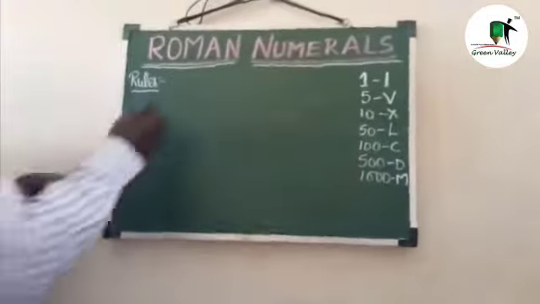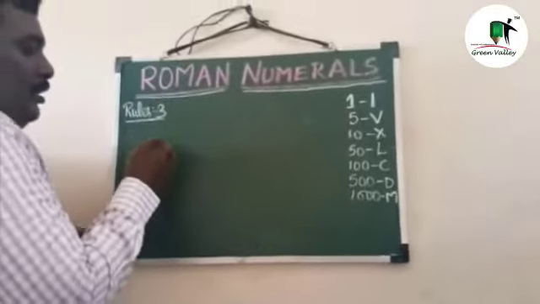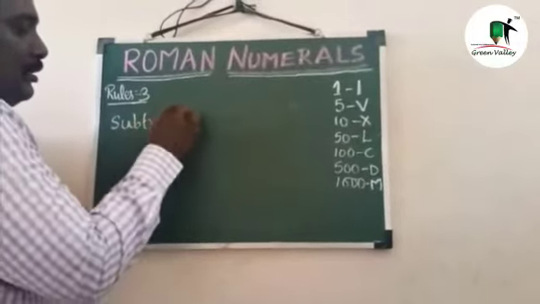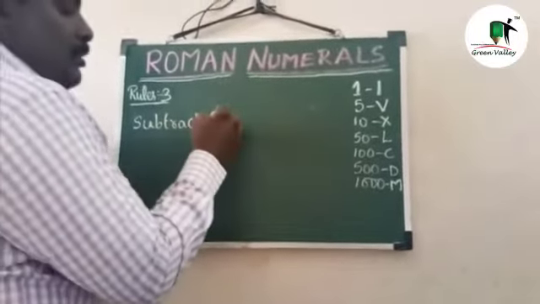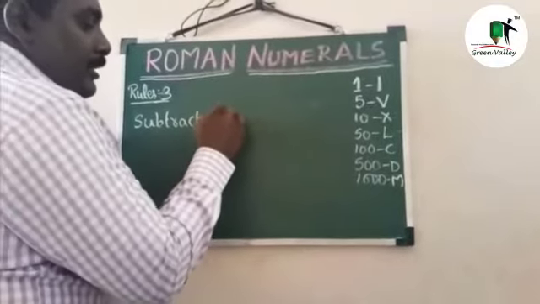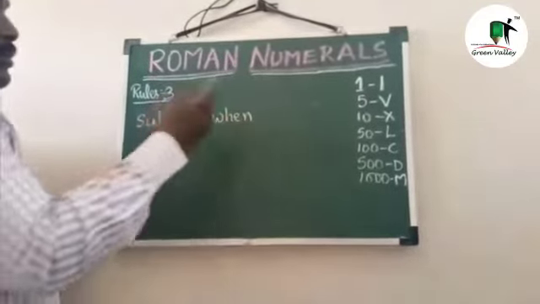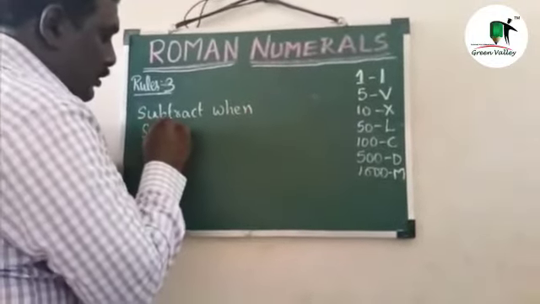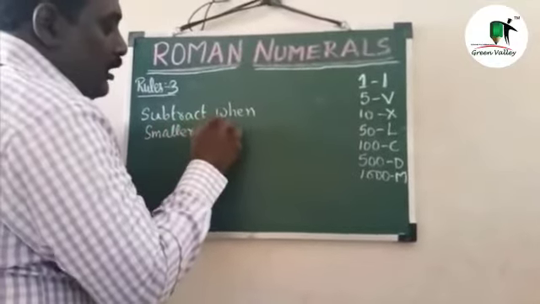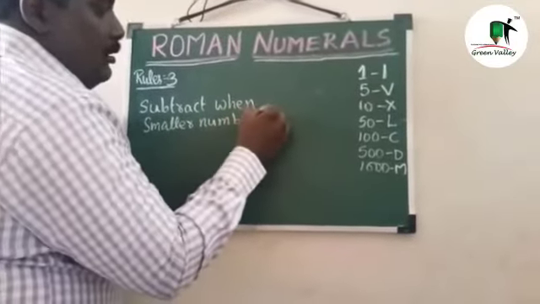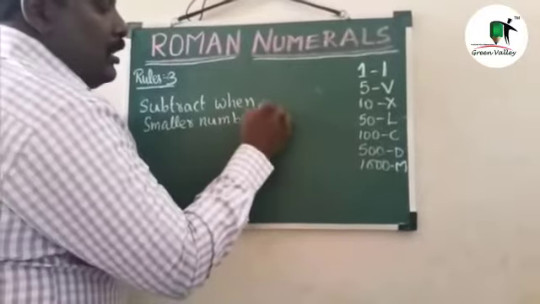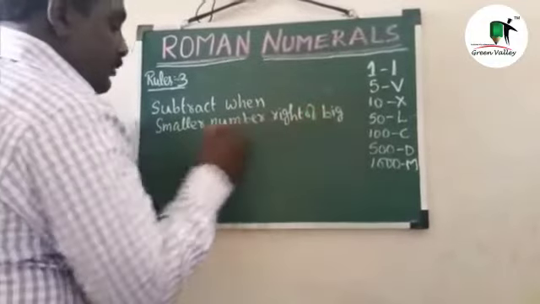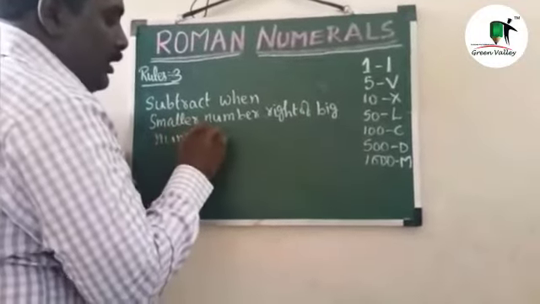Rule 3: Subtraction. Subtract when a smaller number is to the right of a big number.